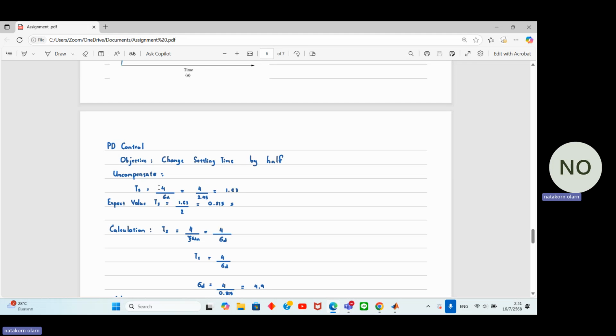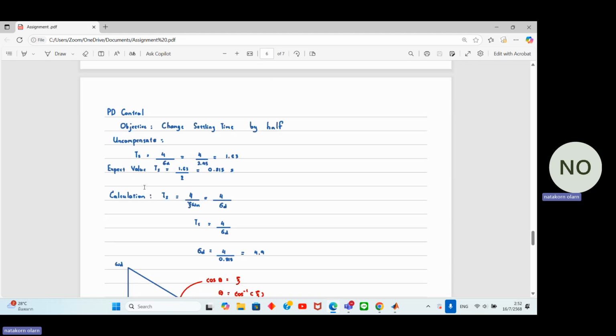So I use the formula, which is 4 over the real part of the pole, which is the formula from the time response topic. So I get 1.60 seconds, which is the system before compensate.